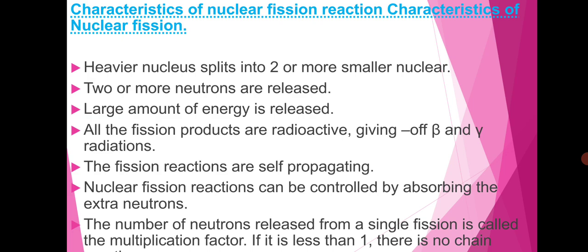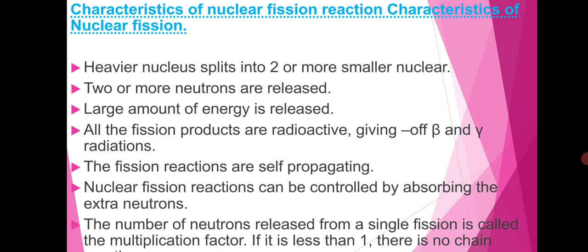All the fission products are radioactive in nature, which emit beta and gamma radiations. The fission reactions are self-propagating. The liberated neutrons once again hit another uranium-235, which releases radioactive substances as well as 3 neutrons. In this way, neutrons keep being emitted from uranium-235 continuously. So it is self-propagating.